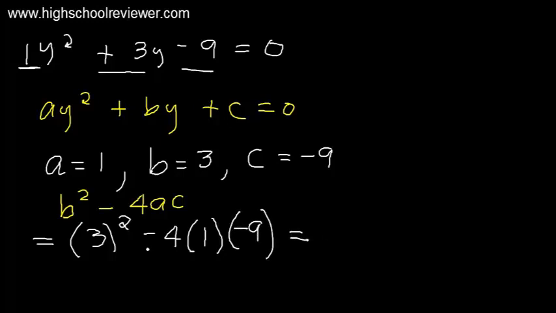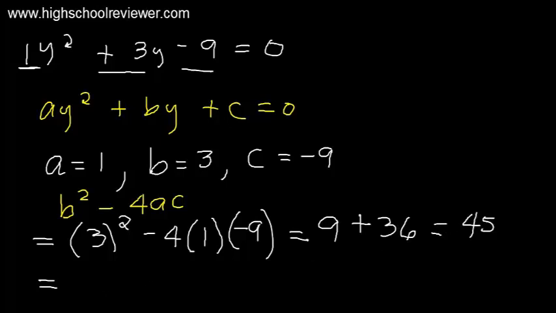So this is 3 raised to the power of 2, that is positive 9. Negative 4 multiplied by 1, negative 4. Negative 4 multiplied by negative 9, that is positive 36. So our b squared minus 4ac here is equal to positive 45.